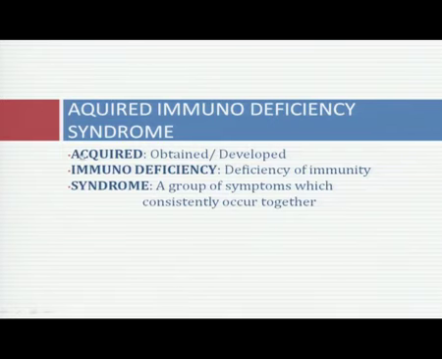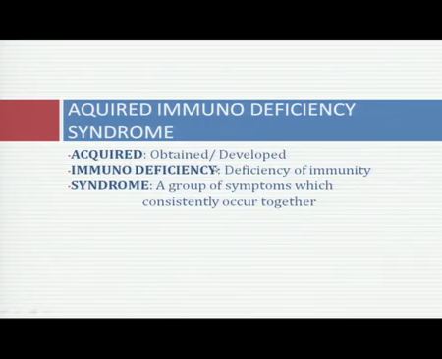AIDS, as we know, stands for Acquired Immunodeficiency Syndrome. What is the meaning of this term? Well, this actually explains what happens in AIDS to the body. AIDS is a condition, a group of symptoms, which arises when there is deficiency of immunity in the body, and this deficiency of immunity is something which is acquired.